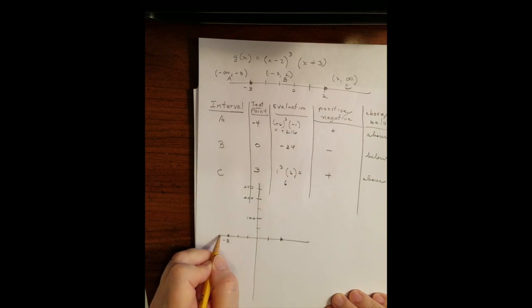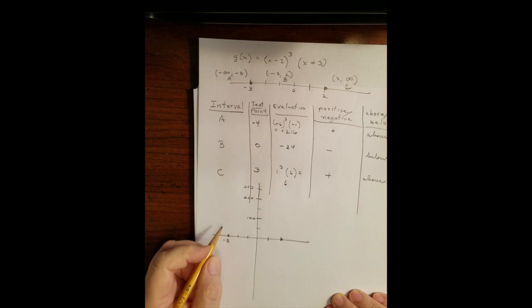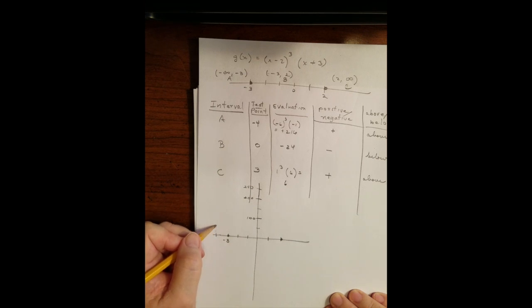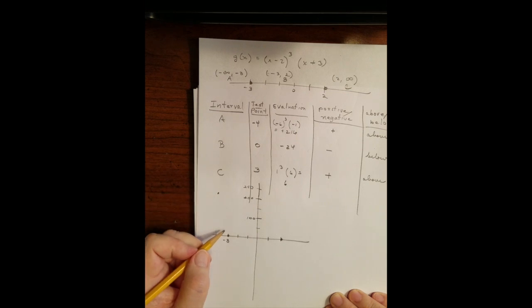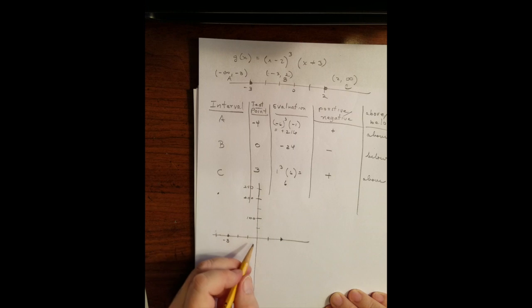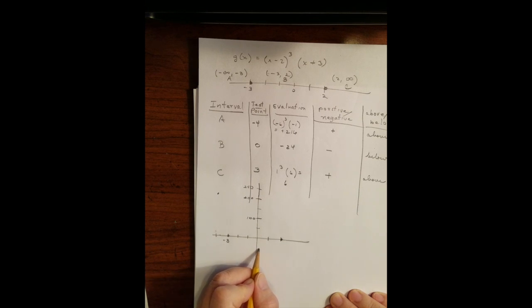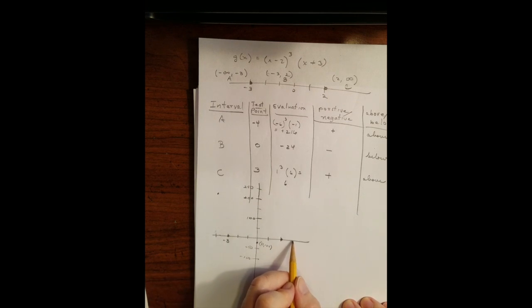Okay, so we picked -4 and we evaluated that at positive 216, so that'd be approximately right here. And then we picked 0, and that was -24, approximately right here. And then we picked 3, and we got 6, so that was approximately right here.